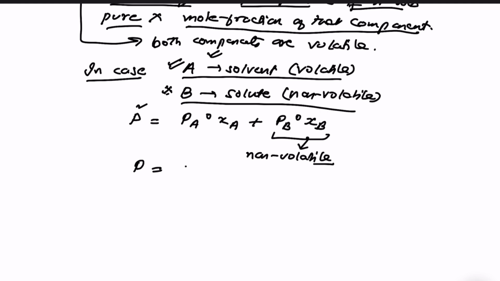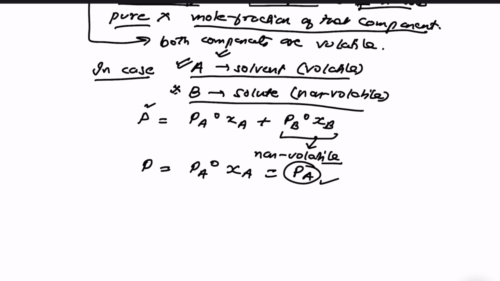So we will be left with only this component, P is equal to PA naught into XA. Since B has no contribution in the total vapor pressure, this is in fact the vapor pressure of A only, so I can write it as PA.